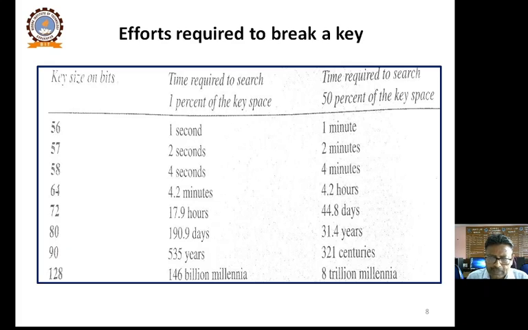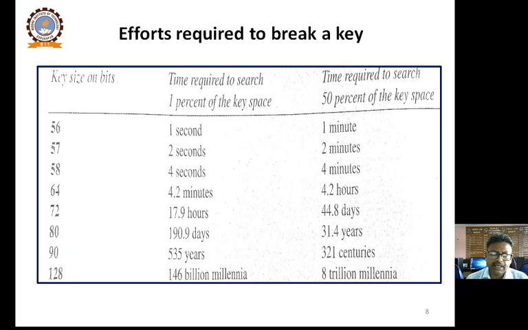Now, by using mathematics, it has been shown that if the key size is 56 bits, the time required to search 1% of the key space is 1 second, and the time required to search 50% of the key space is 1 minute.